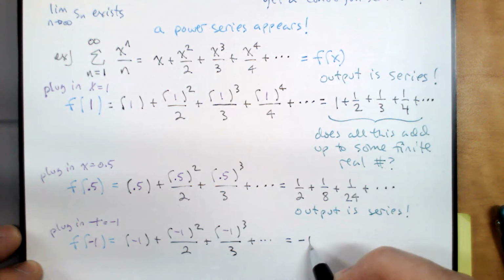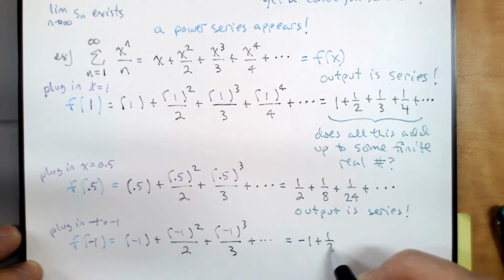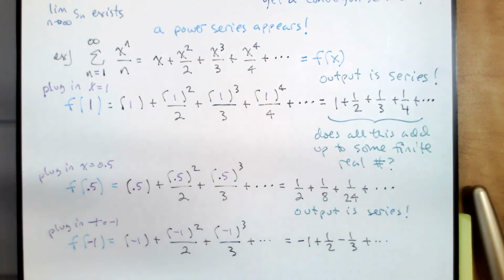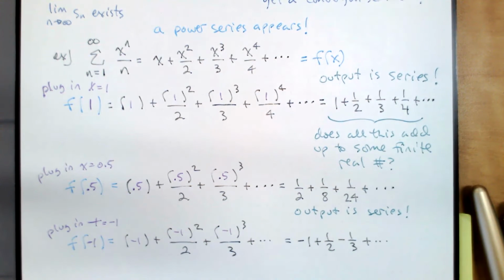We'll start off with -1, then we'll add 1/2, then we'll subtract 1/3, and so on. Does the series converge? Does it make sense? Is -1 allowed in the domain?